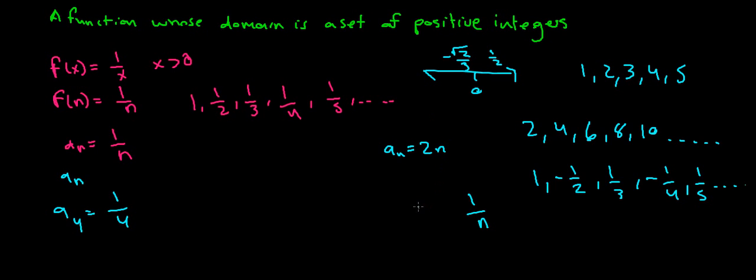Well, I can accomplish that by multiplying it by a minus, and in order to make the odd numbers of the sequence, so 1, 3, 5, it's going to need to be balanced out to be positive on those ones, and then this is going to have to be negative on the even terms of the sequence, minus 2, minus 4. So what I can do is do n plus 1.